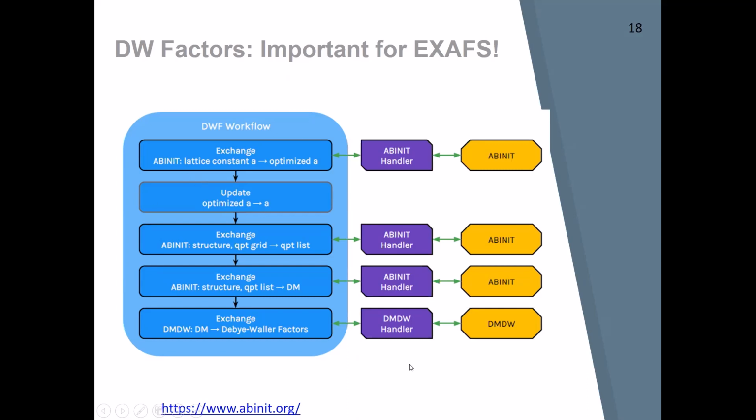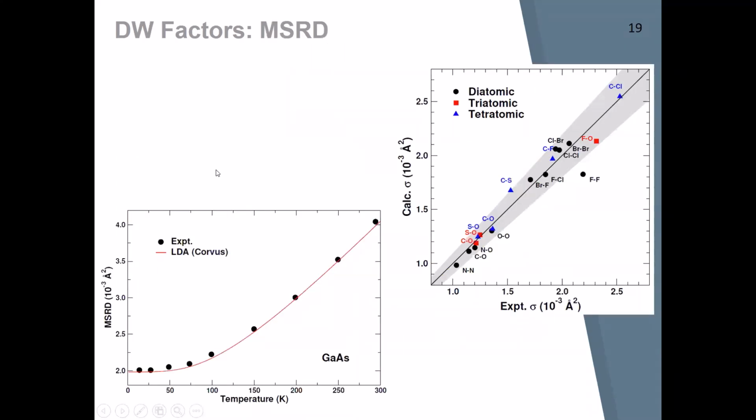Again, in this case, you end up with a fairly simple input and output. And you can apply this directly to XAFS, or you can calculate the Debye-Waller factors and look at those as output, for example.